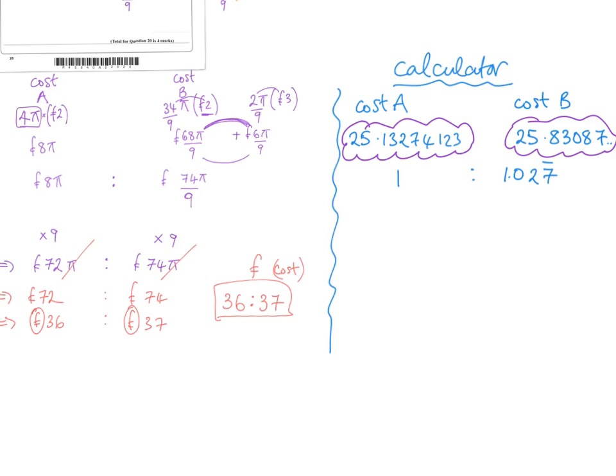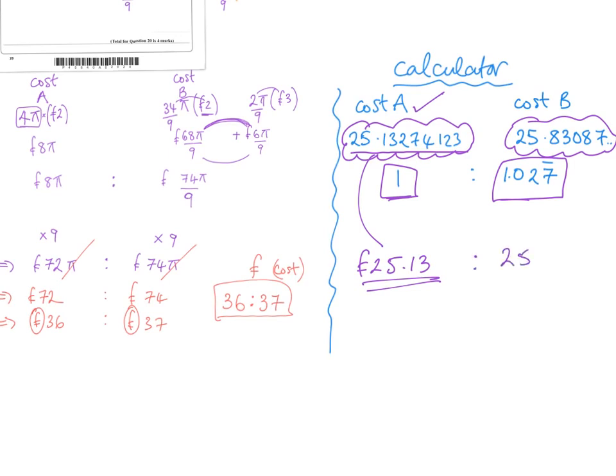So you could say for every pound, by dividing left and right by 25.13274123, you'd have for every £1 spent on watch face A, you'd have to spend 1.027 recurring pounds on watch face B. Or you could go from here and say for every £25.13 you spend on watch face A, you'd have to spend £25.83 or thereabouts on watch face B.